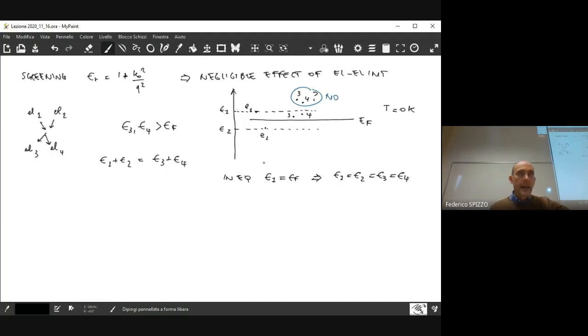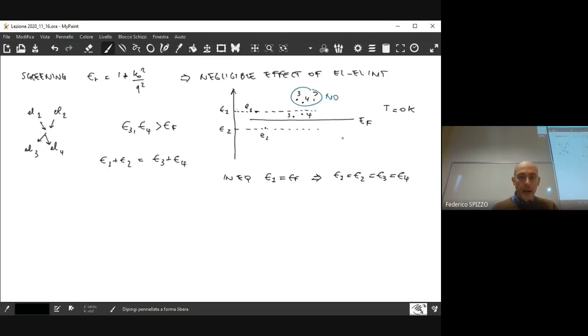Because if you pick up electrons that come from far away from EF, down in the Fermi sphere, then you may not have energy conservation. If you pick up one electron at EF, you expect to have the final levels free very, very close to EF. So the only solution is that all four electrons have to stay exactly at the Fermi surface.